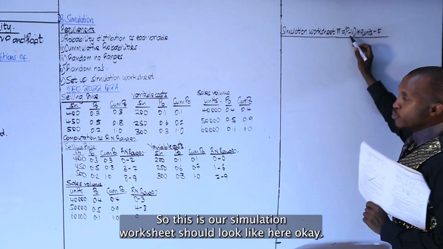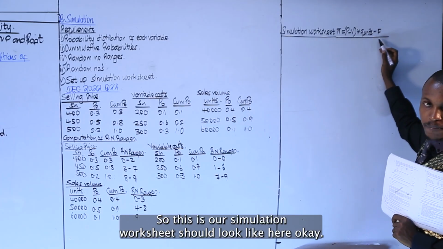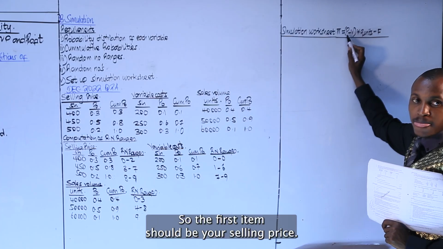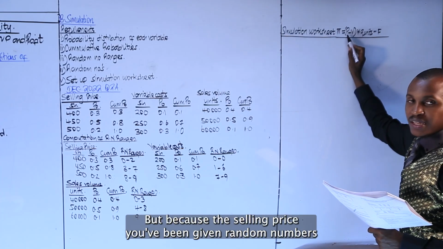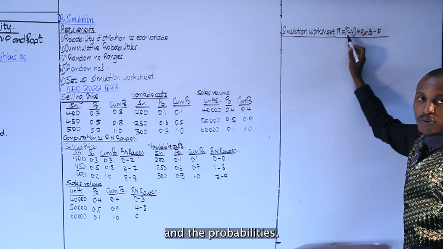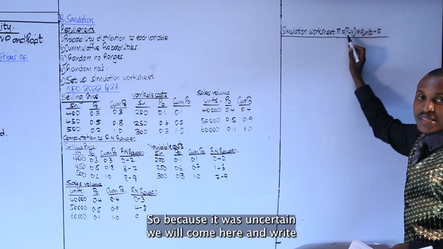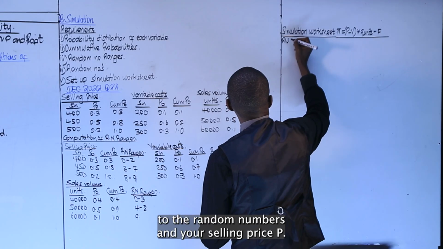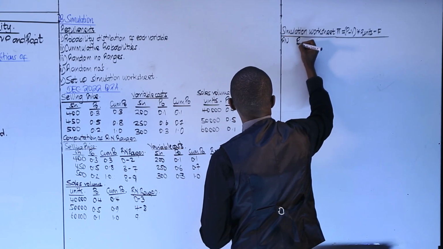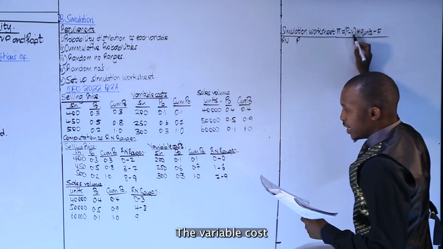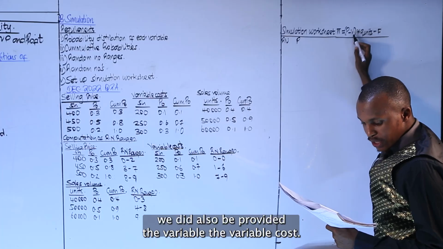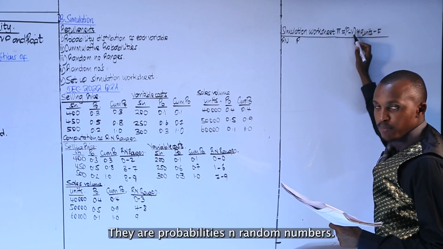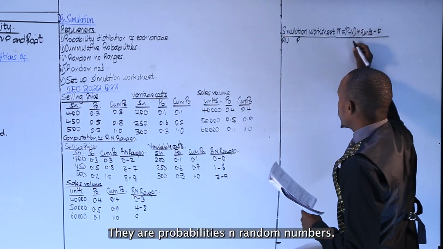So this is how your simulation worksheet should look. The first item should be your selling price. Because selling price is uncertain and you've been given random numbers and the probabilities, we write the random numbers and your selling price P. The variable cost, we were also provided with probabilities and random numbers.